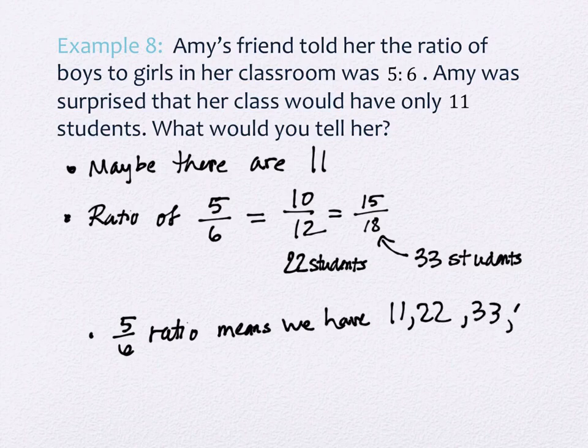We could continue going, but heaven forbid you ever have 44 in your class or 55, etc. And it would actually still hold, right? The ratio would stay the same if you had any of those quantities of students, the 5 to 6 ratio. So the 5 to 6 is simply being used most likely because it's the reduced ratio, not necessarily the actual number of kids ratio.